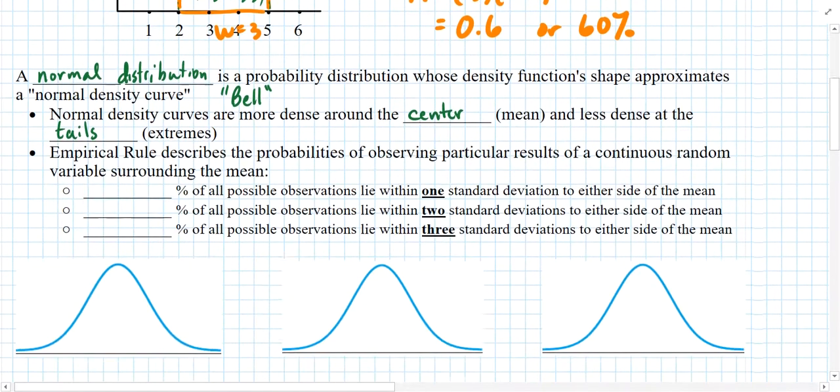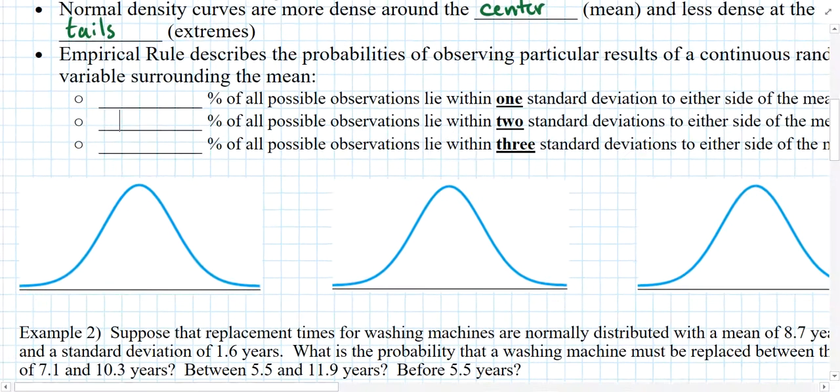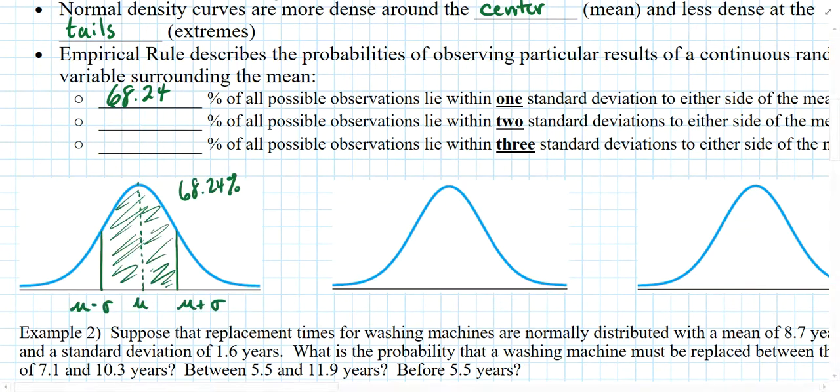The empirical rule of normal distributions describes the likelihood of observing results surrounding the mean. It states that 68.24% of all possible observations occur within one standard deviation above and below the mean. It also states that 95.44% of all possible observations occur within two standard deviations above and below the mean.